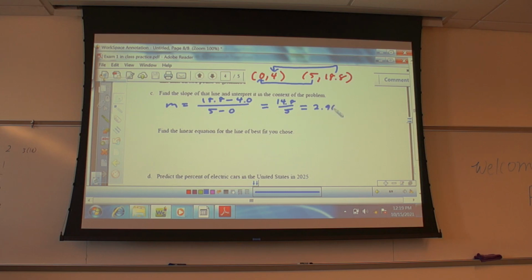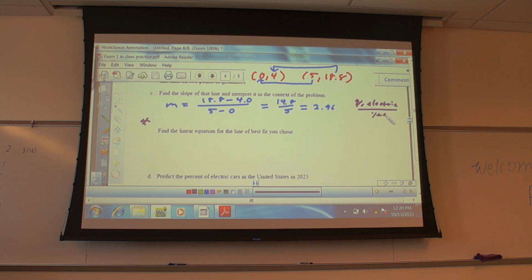So that's 2.96. Okay, then interpret it in the context of the problem. You all need to write what that means in terms of the problem. My y is percent electric, and the x is years.